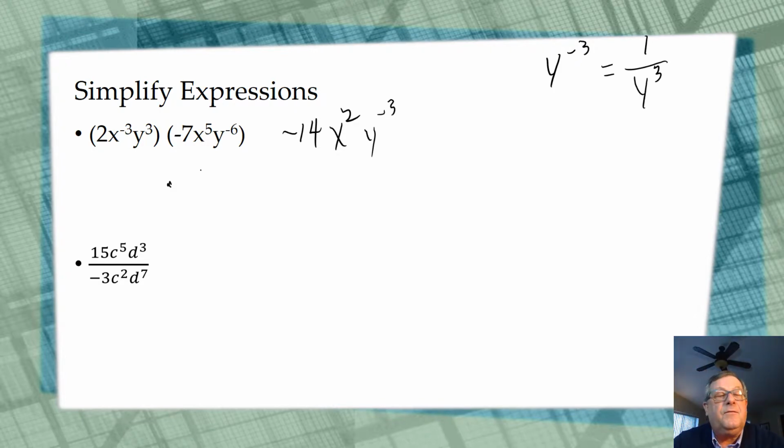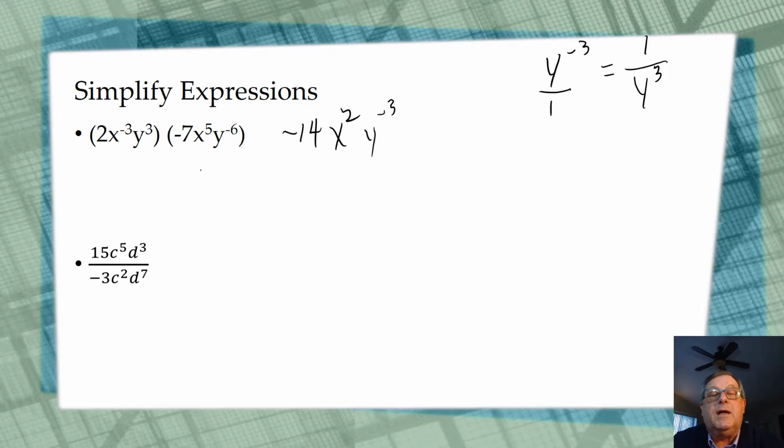That negative in that exponent places that variable in the denominator, because technically this is y to the negative 3 over 1. And so it moves it down into the denominator. Which then brings us back to one of our rules. For simplification, we can have no negative exponents.